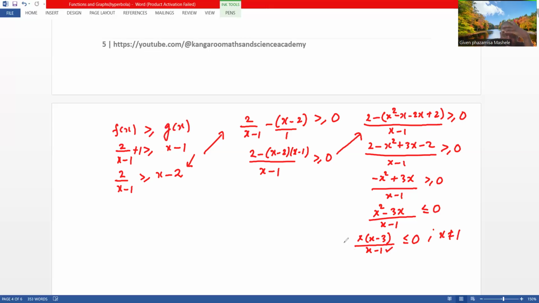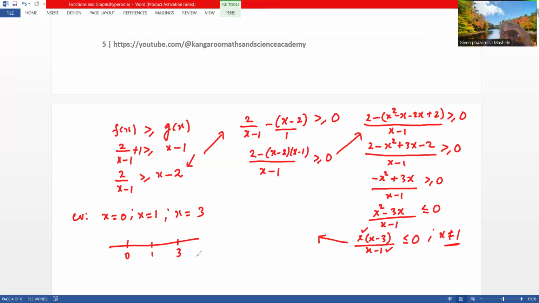Then we have to determine the critical values: x equals 0, x equals 1 and x equals 3. We still write these, but at the end we must restrict 1. On the number line we have 0, followed by 1, and followed by 3. Give me any number bigger than 3.